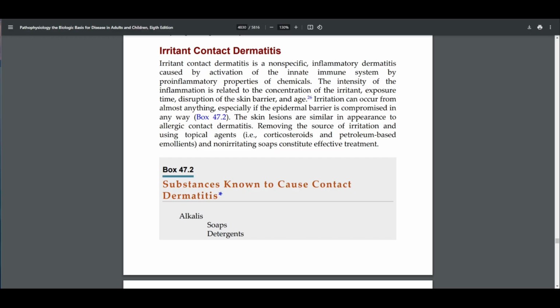Irritation can occur from almost anything, especially if the epidermal barrier is compromised in any way. The skin lesions are similar in appearance to allergic contact dermatitis. Removing the source of irritation and using topical agents and non-irritating soaps constitute effective treatments.